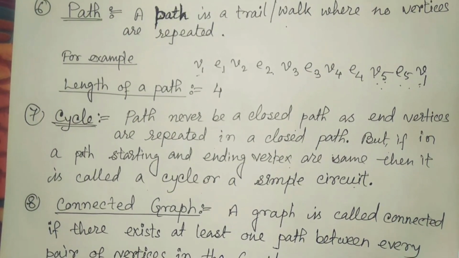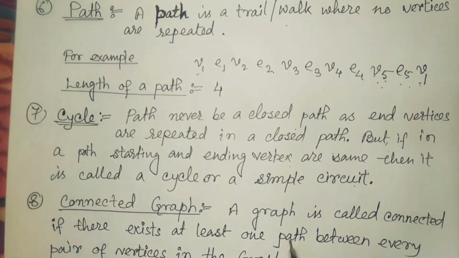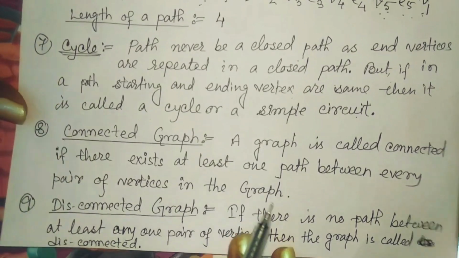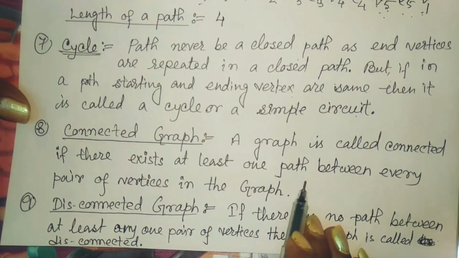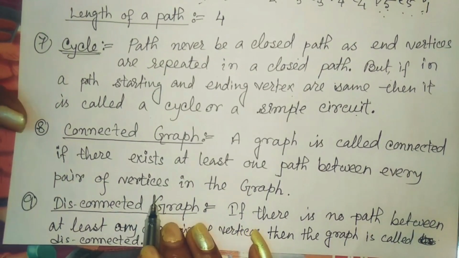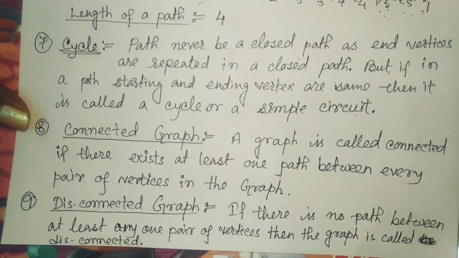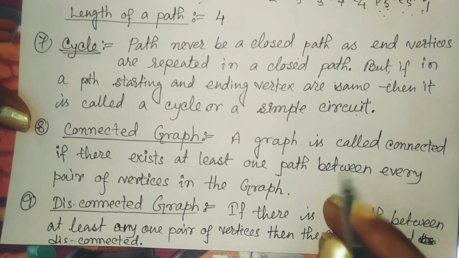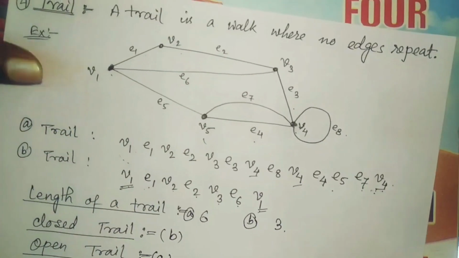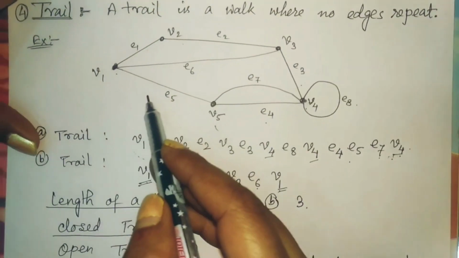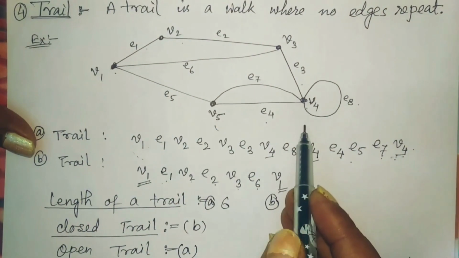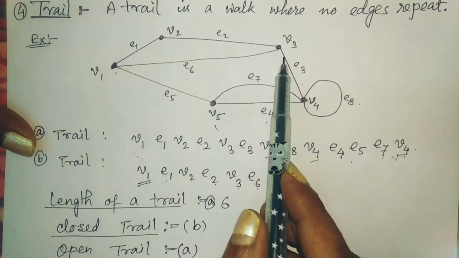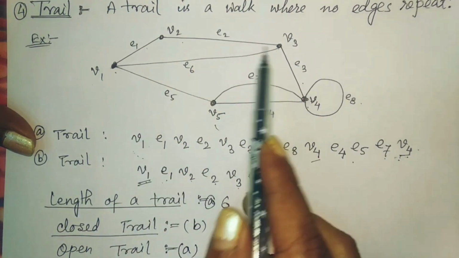After that, we have two more definitions. One is the connected graph. A graph is called connected if there exists at least one path between every pair of vertices in the graph. So in a connected graph, whatever graph you have, you choose any two vertices and you will find that between these two vertices there is definitely a connection or a path.